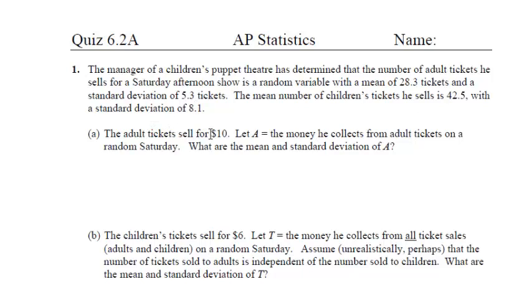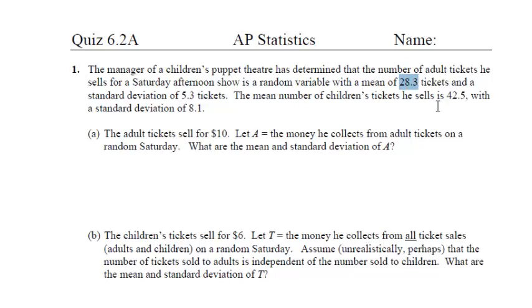Adult tickets sell for $10. Let A equal the amount of money he collects from adult tickets on a random Saturday. What are the mean and standard deviation? So we've got $10 a ticket. The mean number of tickets is, for adult, 28.3.